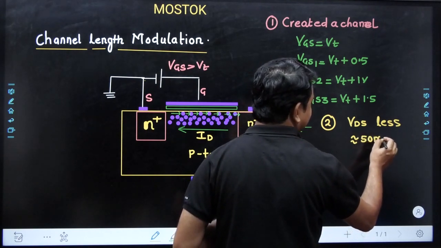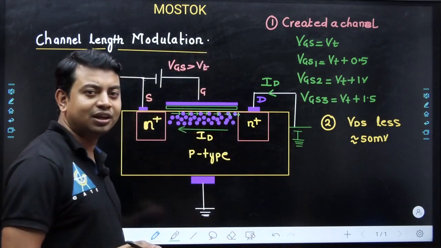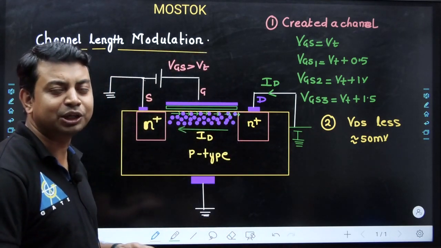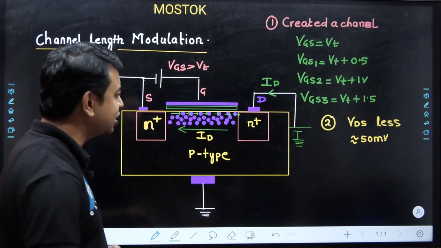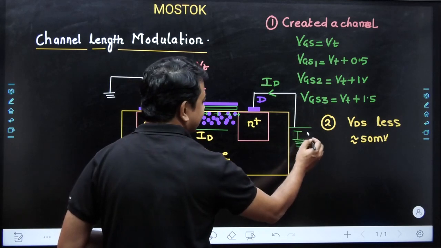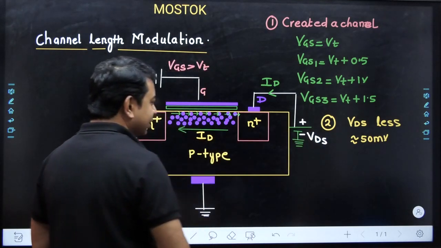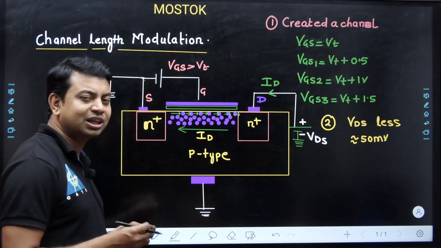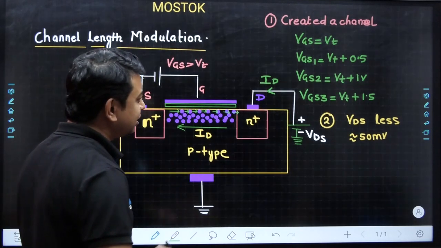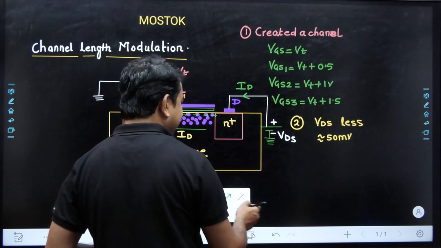If you apply 50 millivolt, we have a linear change in the magnitude of current with respect to the VDS voltage. Where is this VDS? This VDS exists here. This is VDS, this is plus, this is negative. So we may have a general idea that when we change the voltage VDS, we get a current, and we can draw the characteristic like this.